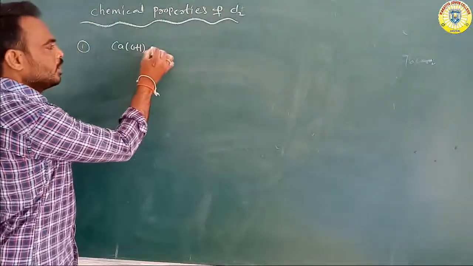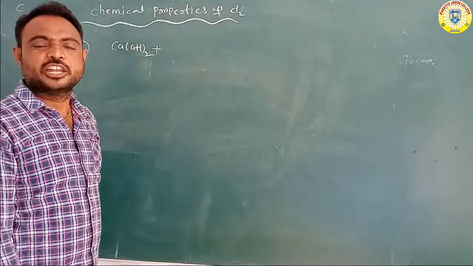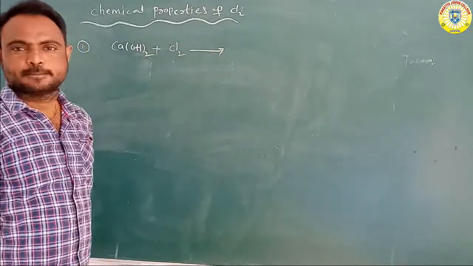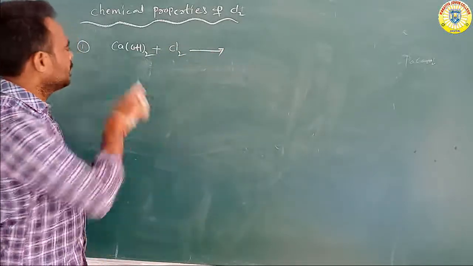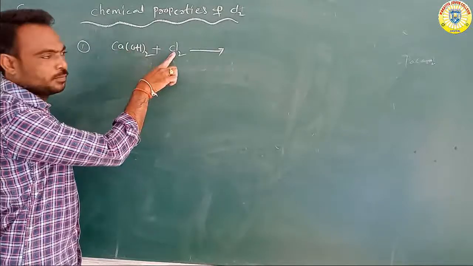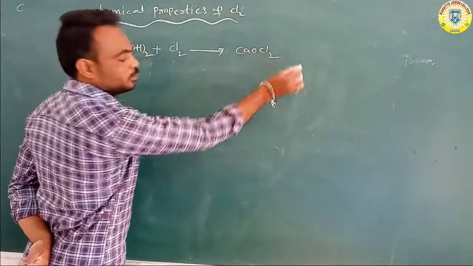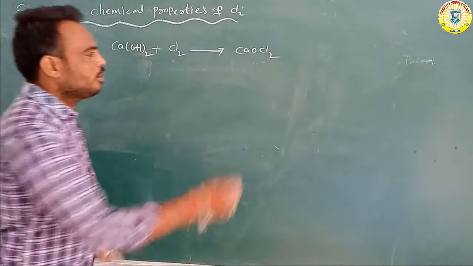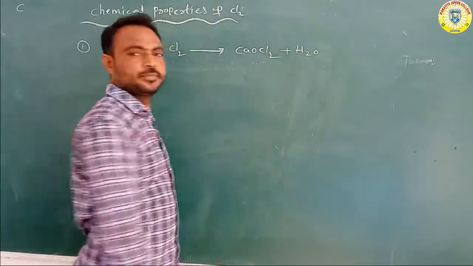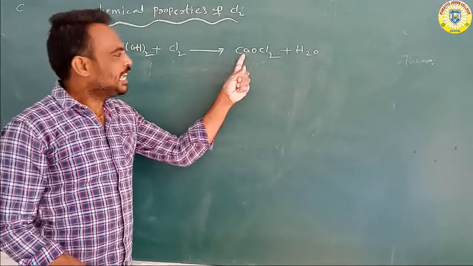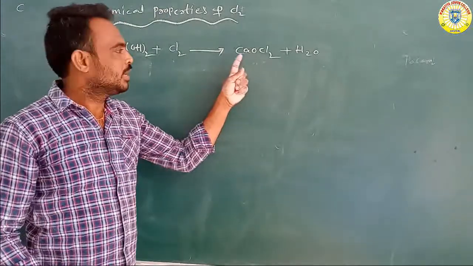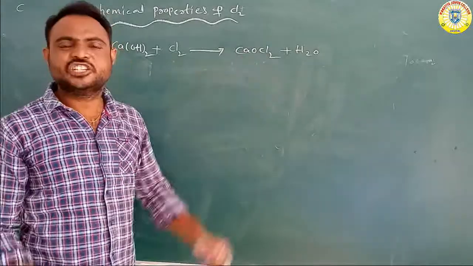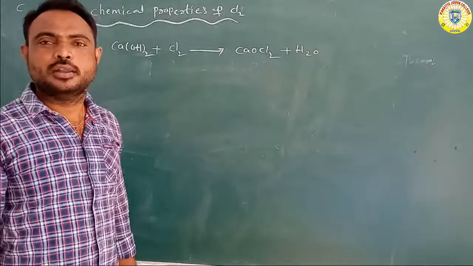When slaked lime or calcium hydroxide reacts with chlorine gas, in this reaction it forms CaOCl2, and further H2O, water molecules. CaOCl2 means calcium oxychloride. This calcium oxychloride is also called bleaching powder.